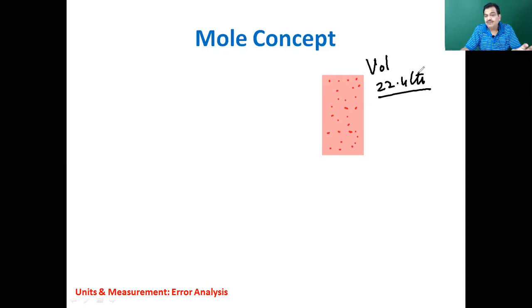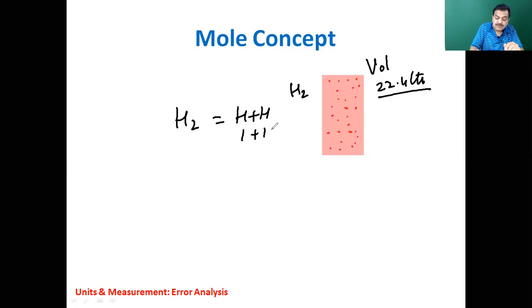It means if you fill it with water, only 22.4 liter water is required to fill up this vessel. Empty this vessel, fill it with the help of hydrogen. Although hydrogen is not available in the nascent state, it is very reactive. So whenever you find hydrogen, it is H2. So two atoms of hydrogen, H plus H, it means 1 plus 1, the molecular mass is 2 gram.